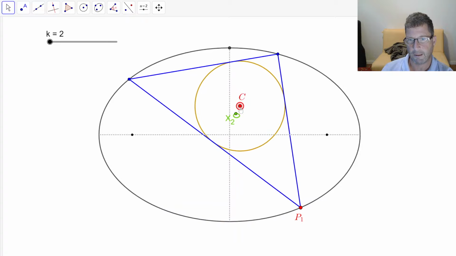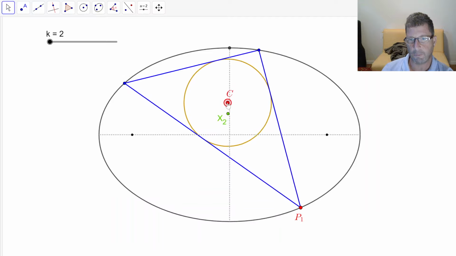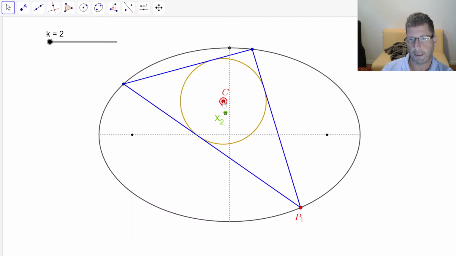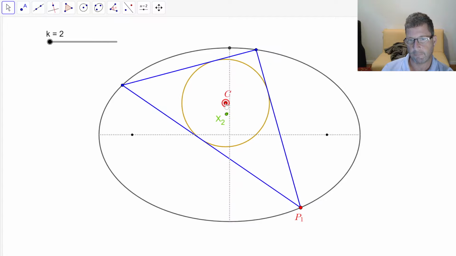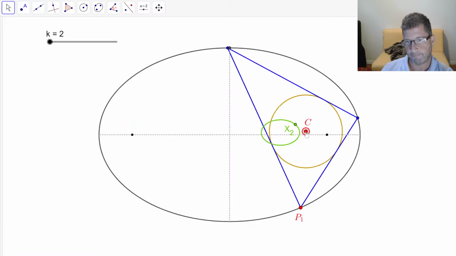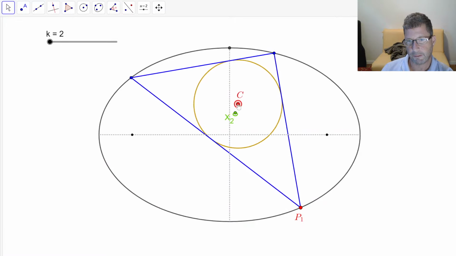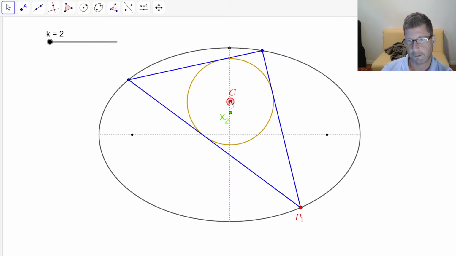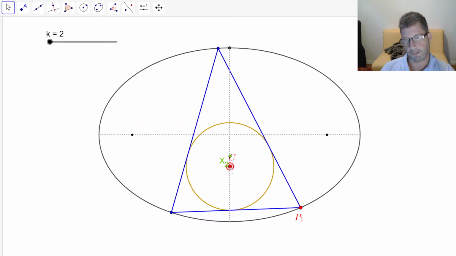There could be a locus of Cs for which they collapse. Okay, so there are 2 points where they collapse, and they're probably easy to calculate.